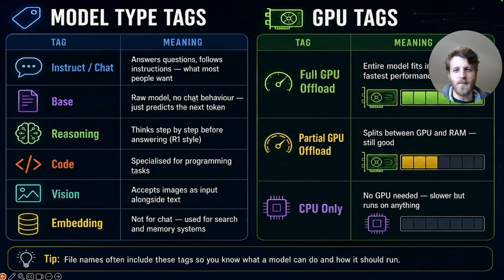It just is pure token prediction, because essentially at the end of the day, that's what large language models do. It's predicting the next character that's going to emerge. It's not necessarily constructing the sentence, and perhaps we'd need a deeper conversation for that than today's demonstration of LM Studio. So file names often include these tags, so you know what the model can do and how it should run.